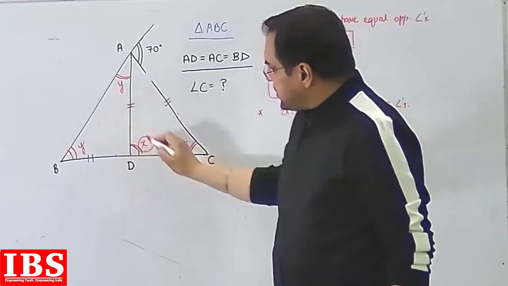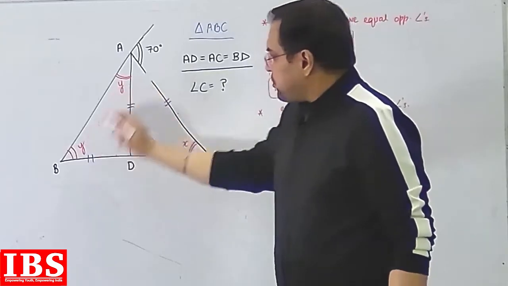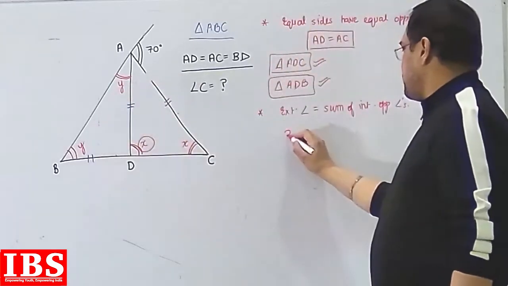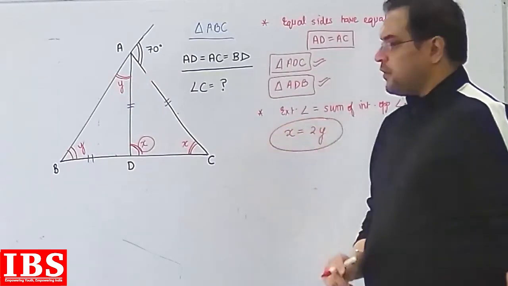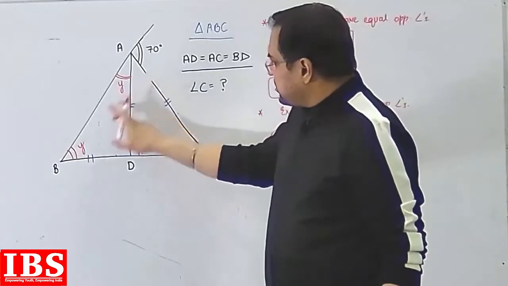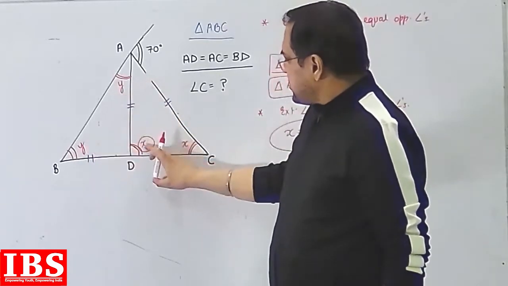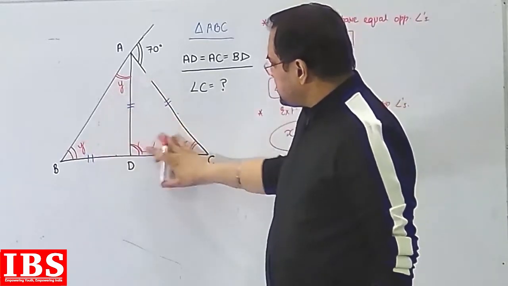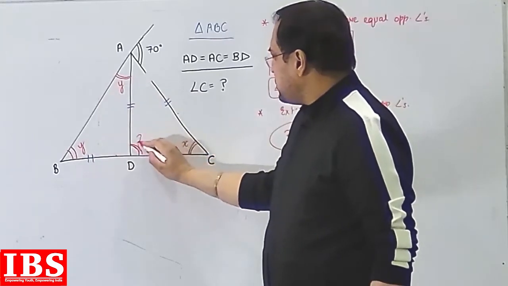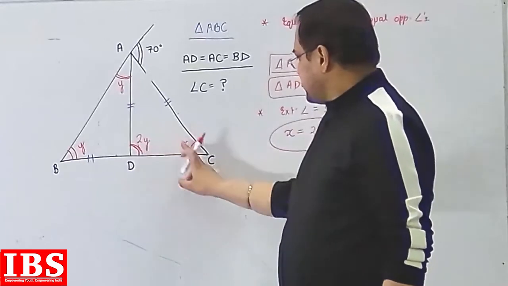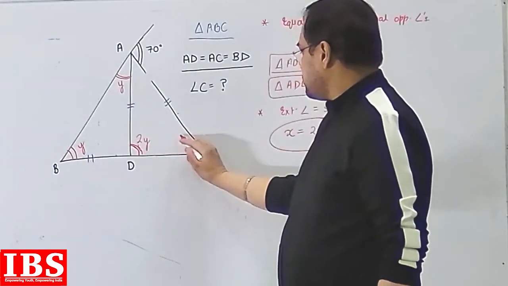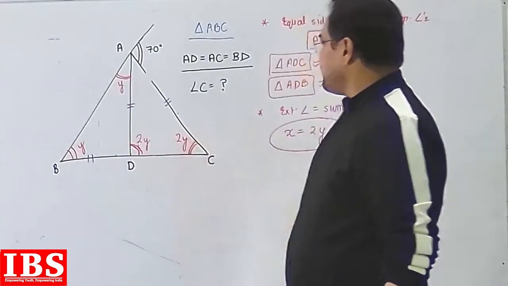So this x will be equal to sum of interior opposite angles, that is 2y. So from here we get x will be equal to 2y. Right. So this is y, this is y, so x is equal to 2y. So we can replace this x with 2y. Okay, if this is 2y, this was also x, so this is also equal to 2y.